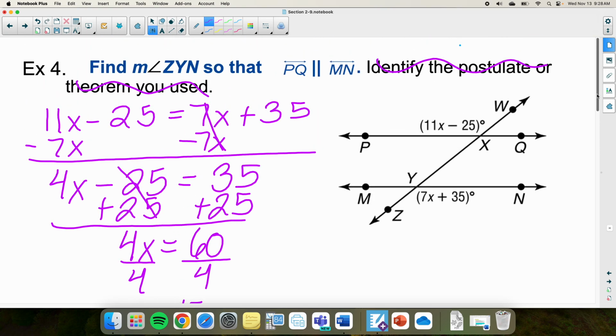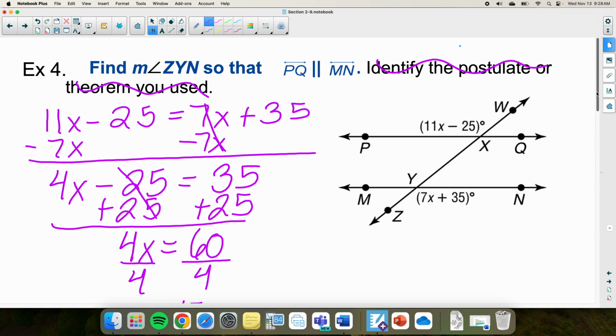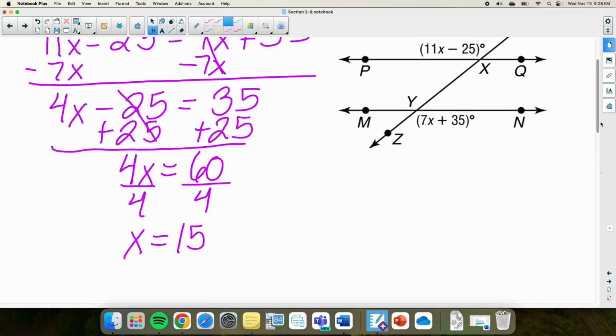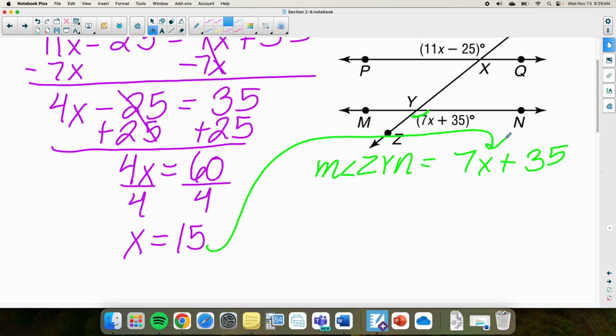Now, this one, that isn't what they asked us for. They asked us to find the measure of angle ZYN. ZYN is this angle right here. So what I have to do then is take what I got for x and substitute it into 7x plus 35, okay?